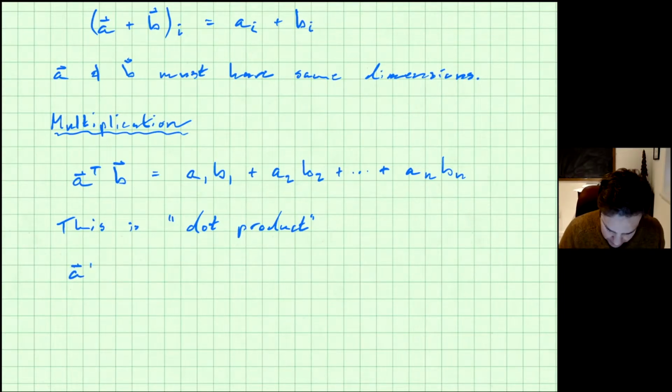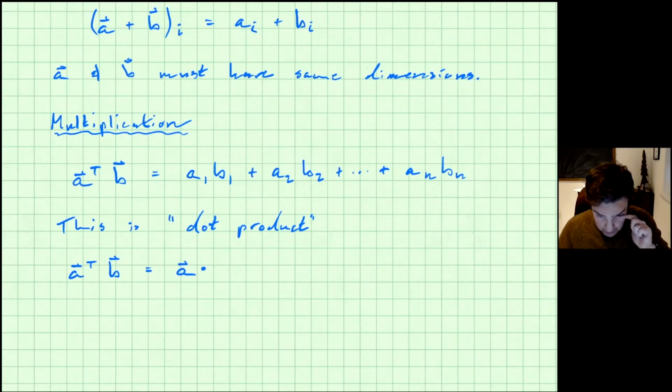A transpose times B is by definition A, with a dot, like the same dot you use for ordinary multiplication, times B, A dot B. And that's how you read it. You say A dot B. And it's symmetric in the sense that it's equal to B dot A.